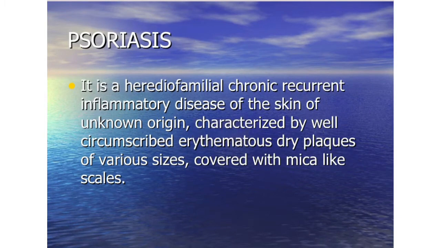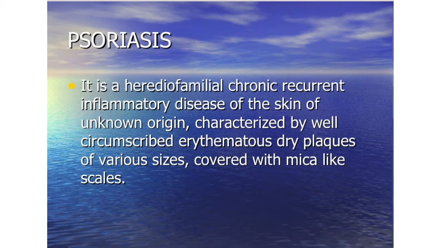So psoriasis is a hereditary-familial chronic recurrent inflammatory disease of the skin of unknown origin, which is characterized by well circumscribed erythematous dry plaques of various sizes, covered with mica-like scales.